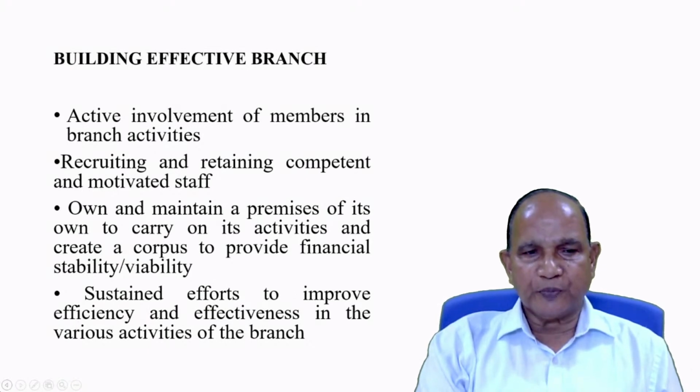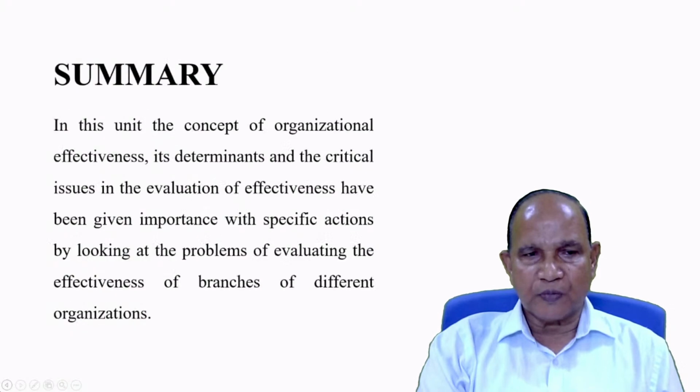There should be maintenance of proper premises of different branches for the purpose of achieving the goal. And in addition to that, there should be sustained efforts, continuing efforts to improve efficiency and effectiveness in the various activities of different branches.